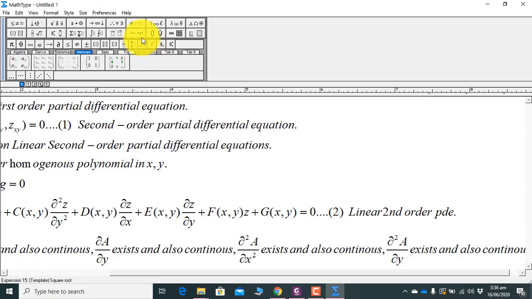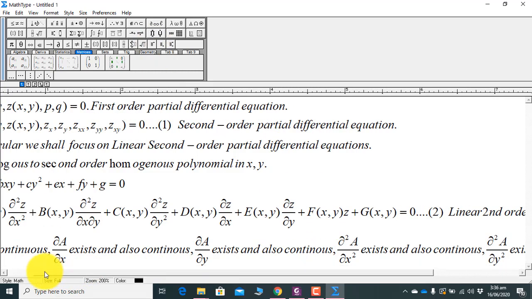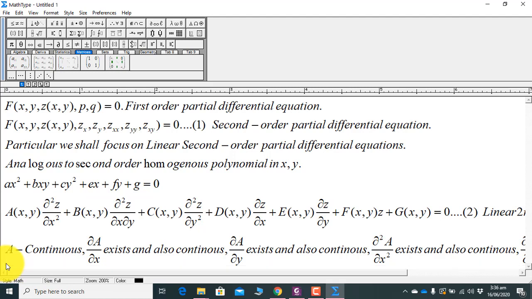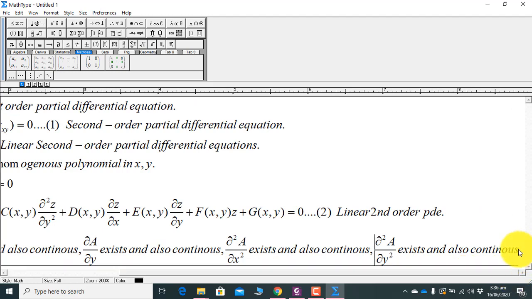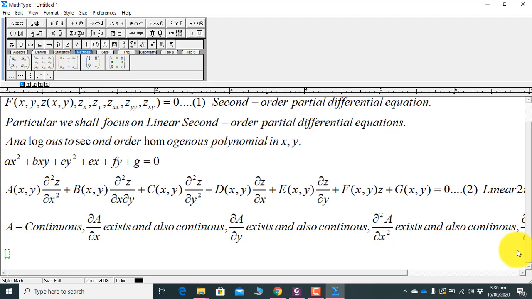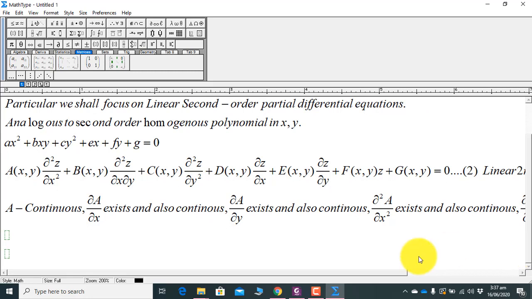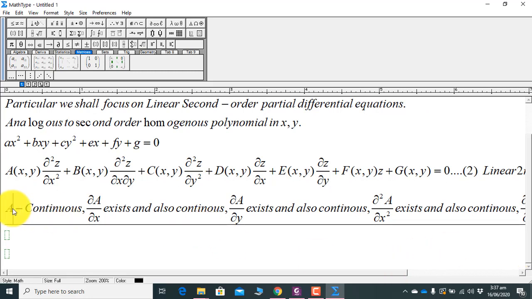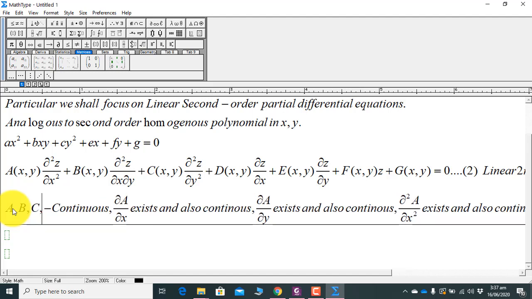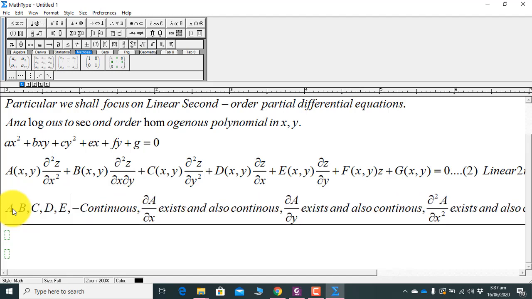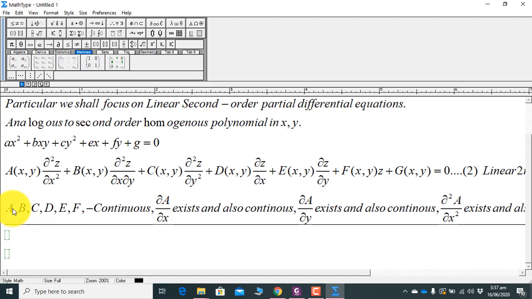This happens not only for A, but for all coefficients A, B, C, D, E, F, G. I have given you one example regarding A. So this happens for B, C, D, E, F and G as well.